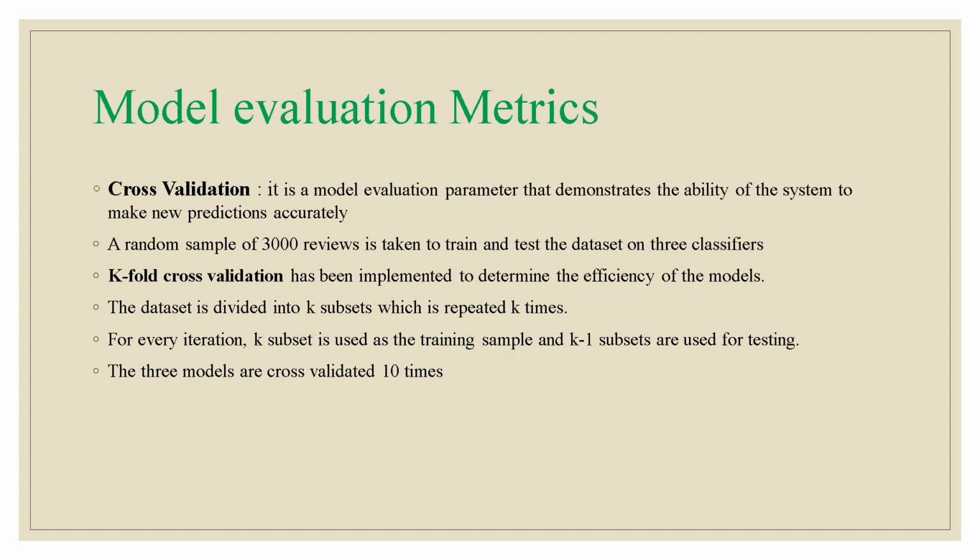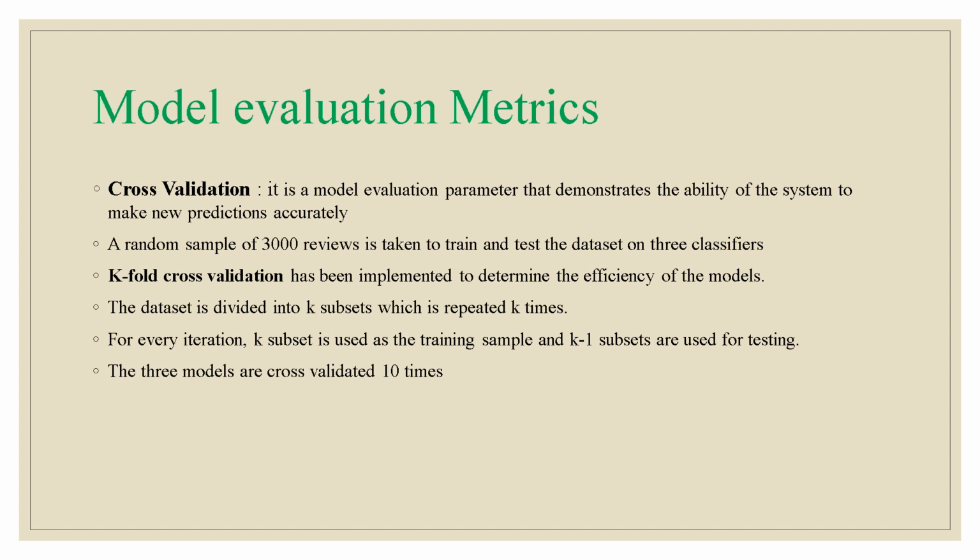And a random sample of 300 reviews will be taken for training and testing the dataset in three classifiers. As you've seen, the classifiers are the naive Bayes, the support vector machine, and the decision trees. Now the K-fold cross validation will be implemented, and it will determine the efficiency of the model.